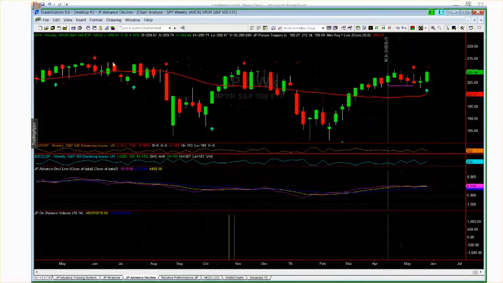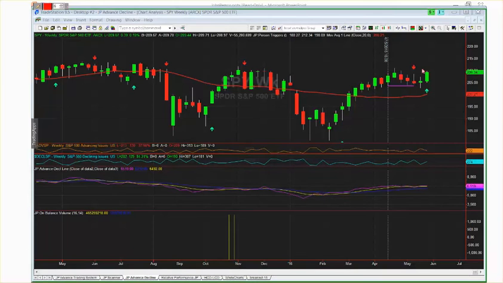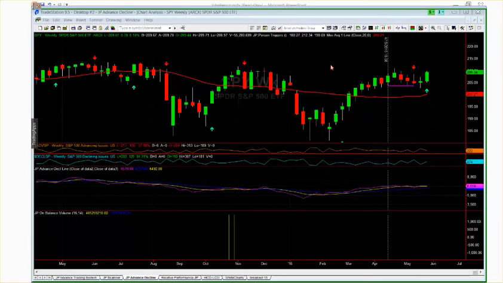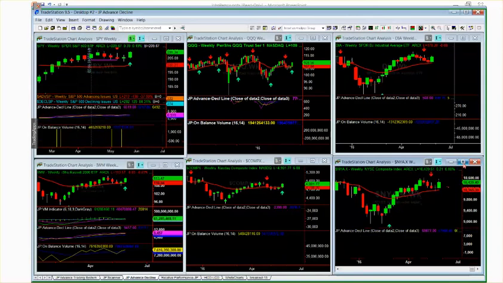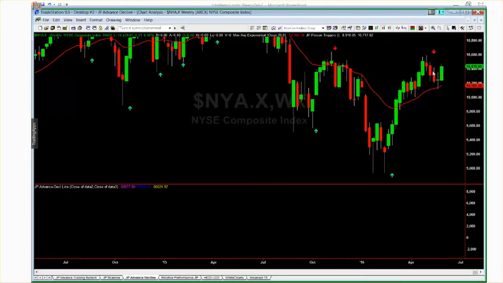Now, this is a weekly basis. Notice that now that we're up here in the S&P 500, most of the stock indices, I don't want to say anything because it's Thursday, so knock on wood, but most of the stock indices are going to be flipped right back into a buy, or the NYSE is going to be a weekly high close doji.